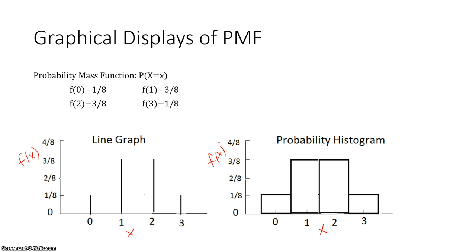The only difference is that in the line graph, it's the height of the line that represents the probability. And in the probability histogram, it's actually the rectangular area that represents the probability.